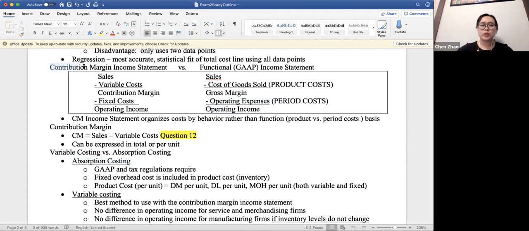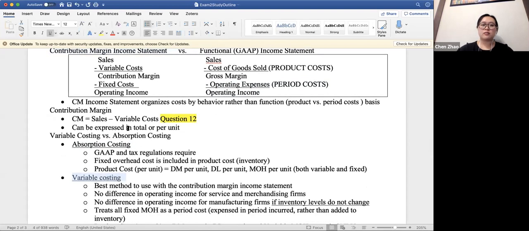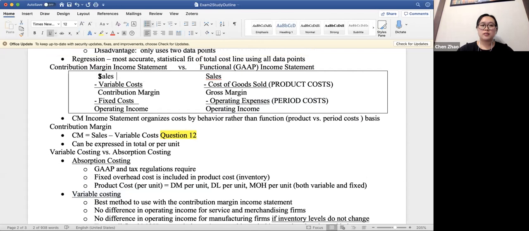And then for the contribution approach, or we say variable costing, contribution costing, this income statement is more to be used internally by the management to analyze our costs, okay? Because fixed cost is not something that we can control in the short run, but variable cost is what we can predict from the total number of units that we sell.